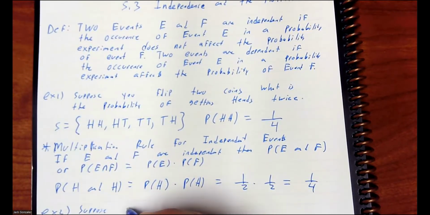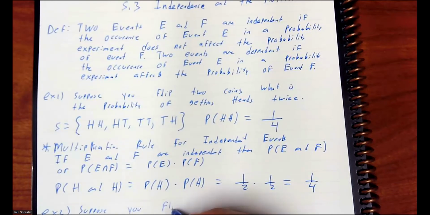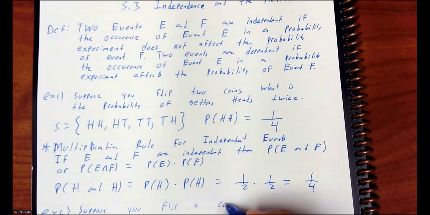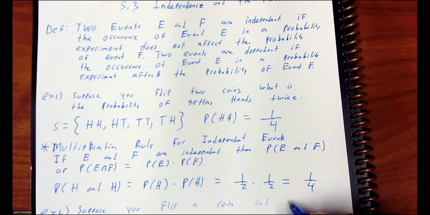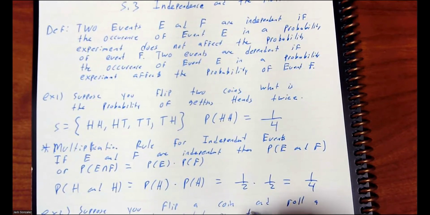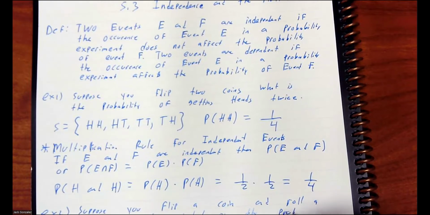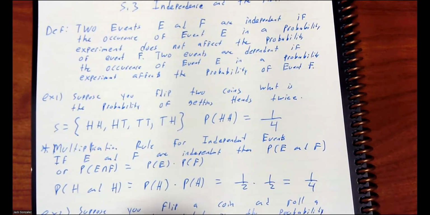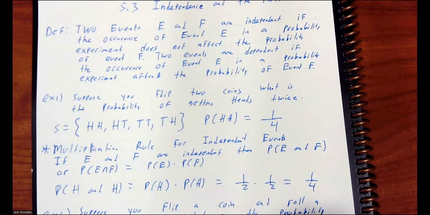Suppose you flip a coin and roll a 6-sided die. What is the probability of getting heads and 6?